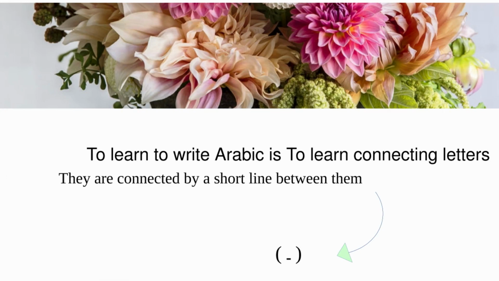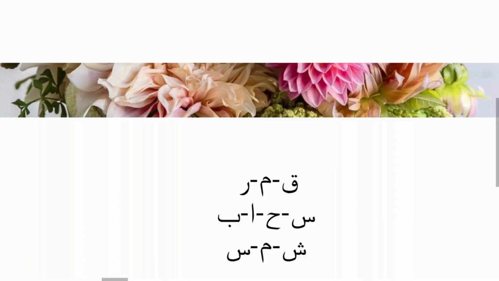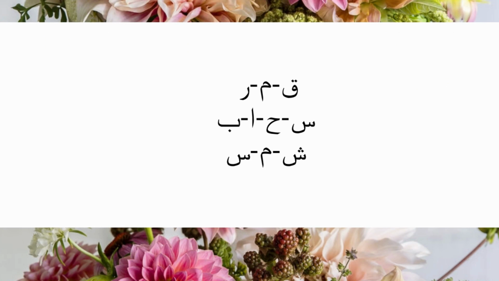To learn to write Arabic is to learn connecting letters. They connect by a short line between them, as you see. Take a look. As the ancients always cared about beauty, they found this short line between letters isn't good enough.